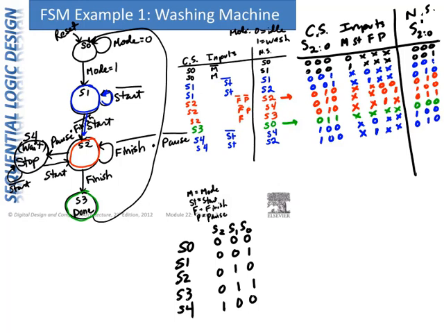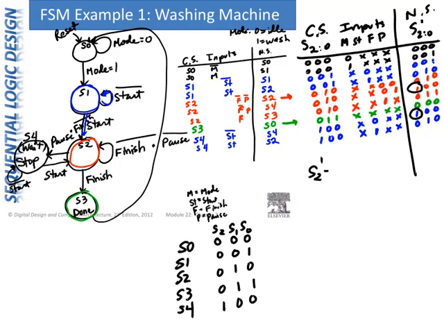So now we've written our washing machine state transition table, the encoded state transition table, and now we can just read it as sum of products off of the table. So here we get S2 prime, the equation for that.